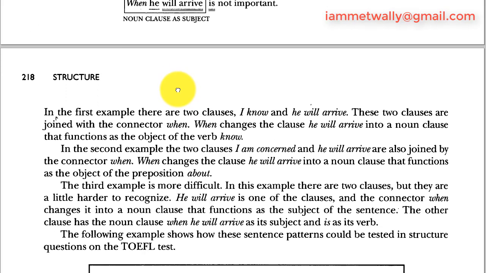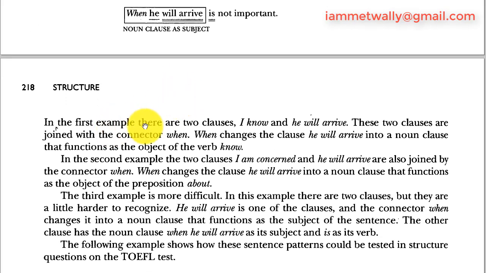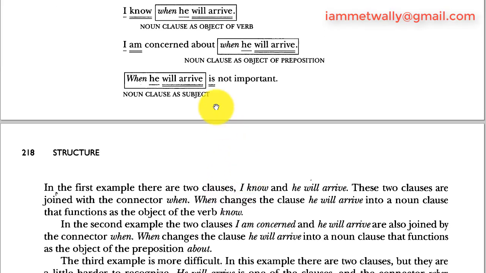Let's see the explanation. In the first example, there are two clauses. Let me read here so that you can read and see at the same time. I know and he will arrive. These two clauses are joined with the connector when here.